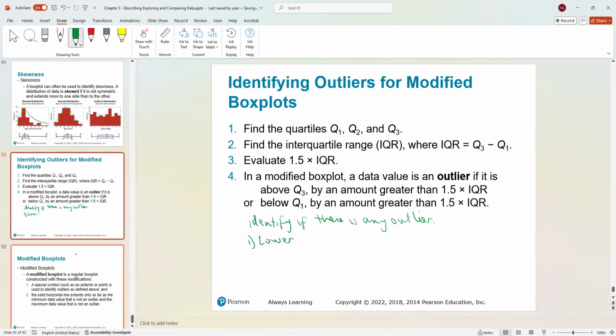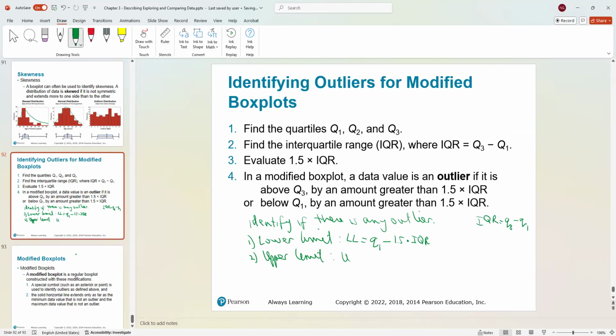So the lower limit, we call it LL, is Q1 minus 1.5 times IQR. Remember, the inter-quartile range, IQR, is you need to subtract Q1 from Q3. And you need to identify the upper limit.